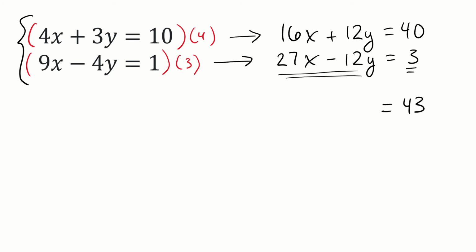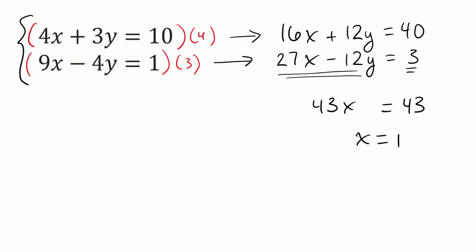So when I combine the 12y with the -12y, those cancel. I have the 16 and 27, and when I combine those, I get 43. So I'm going to get, that's interesting, 43x equals 43. Therefore, x is the number 1.